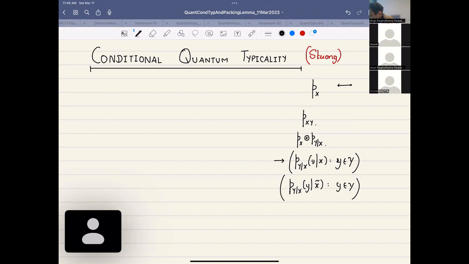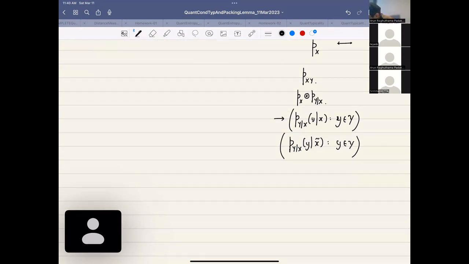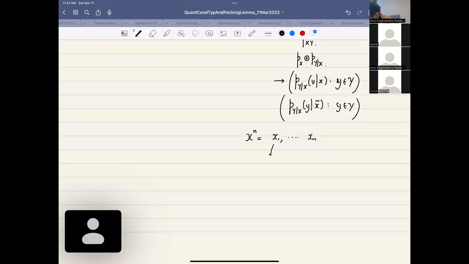And you studied the notion of conditional typicality, where what you said was that if I take an xn, this is your x1 through xn, and I generate a y according to Py given x of x1, so the distribution is on y, but x1 is fixed.